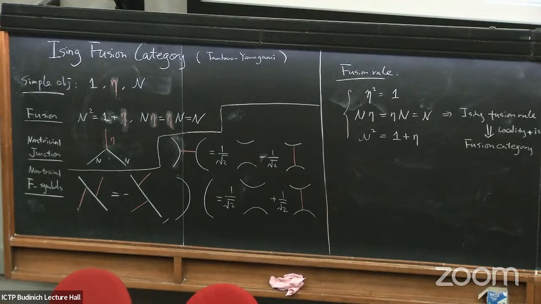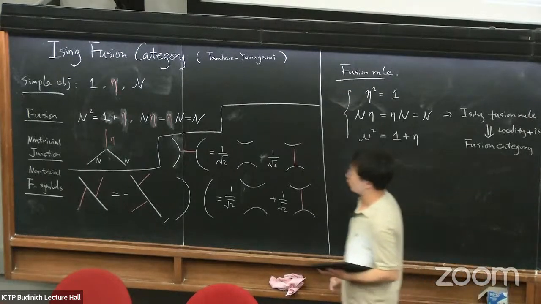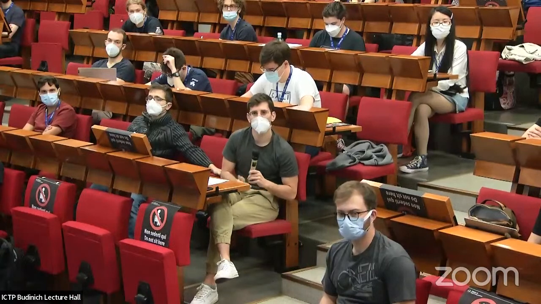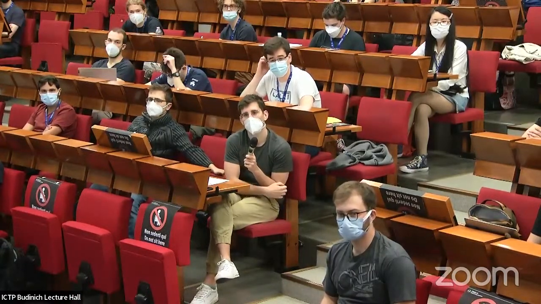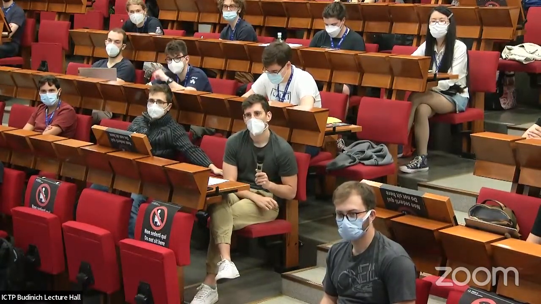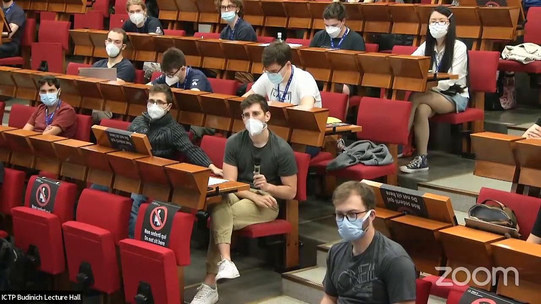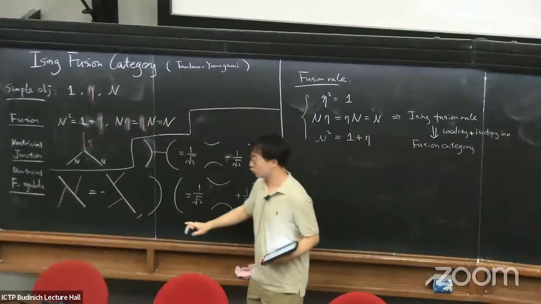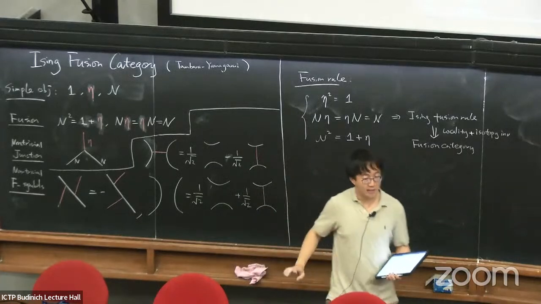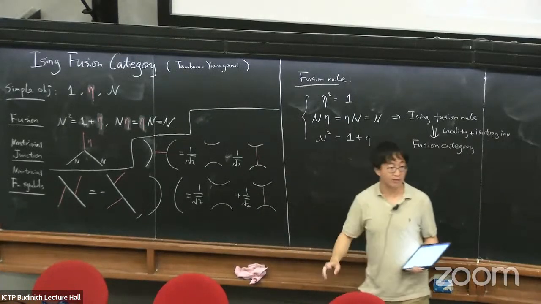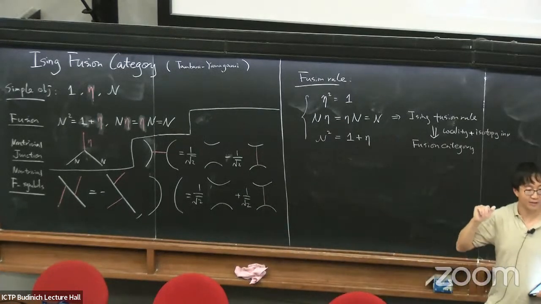Question? Sorry, but we know that Tambara-Yamagami fusion categories are not uniquely fixed by the fusion rules. Very good, very good. Here I jumped over one small subtlety: if you just use this particular fusion rule for the Z2 case, there are two solutions up to gauge freedom to the F symbols. Here, what I'm writing down is the F symbol that will be relevant for the Ising CFT.